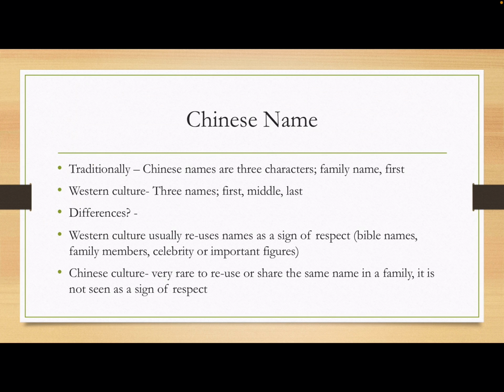And for Western culture, we usually have three names, a first, middle, and last. The middle name doesn't really mean anything special. It's usually just like a family member, or the first and middle name can be hyphenated and be together. And the last name is usually our family name.